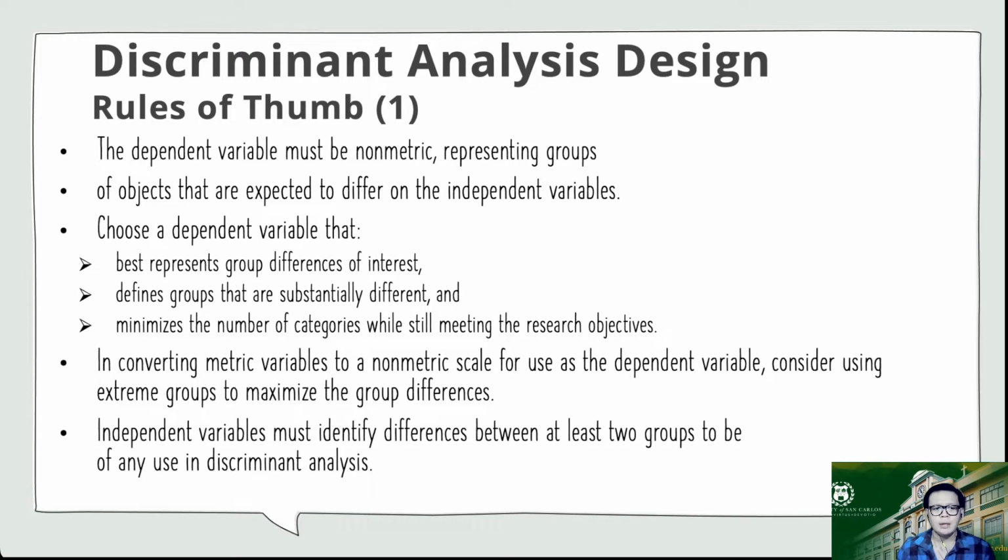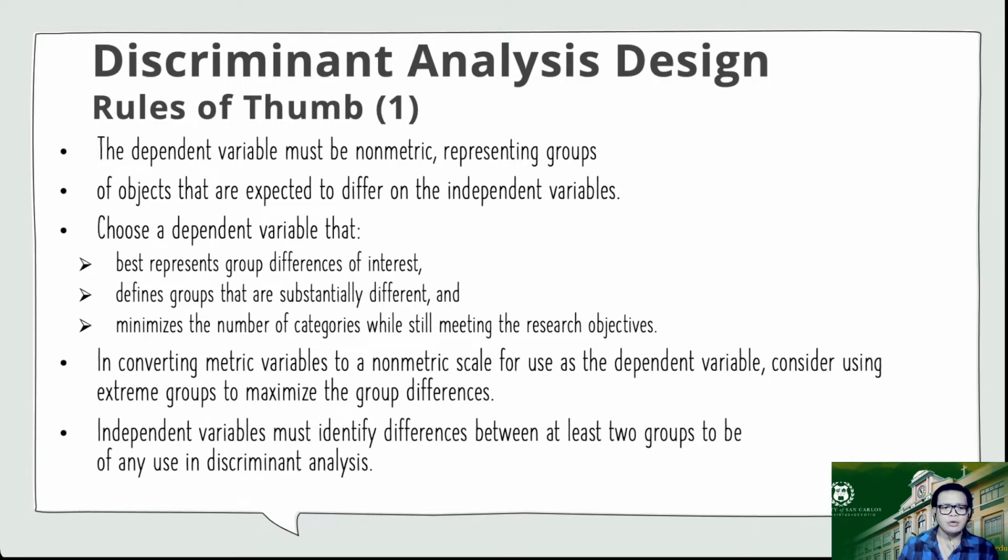So when we talk about choosing the dependent variable, that would mean that it best represents the group differences of interest. Another key idea that we have to consider is we need to define groups that are substantially different and at the same time minimize the number of categories while still meeting the research objective.